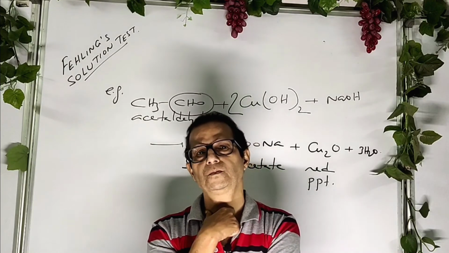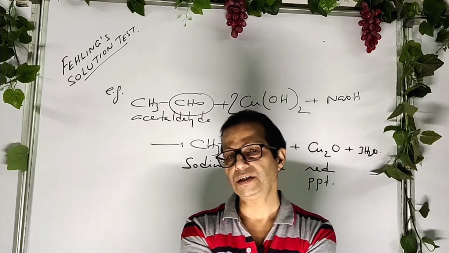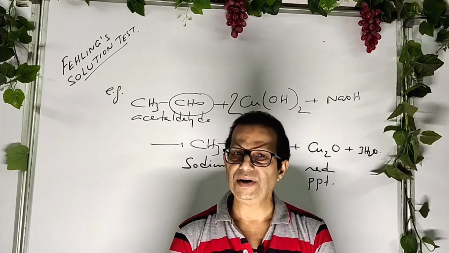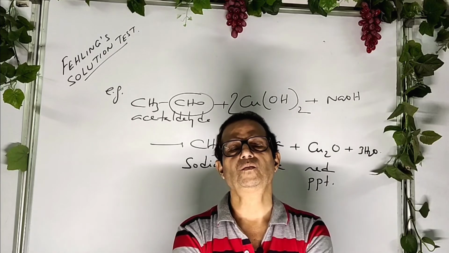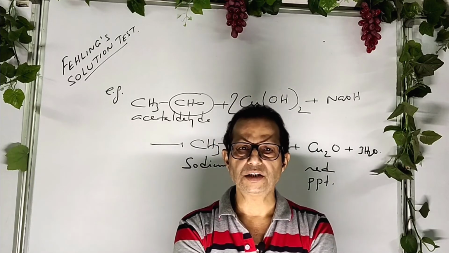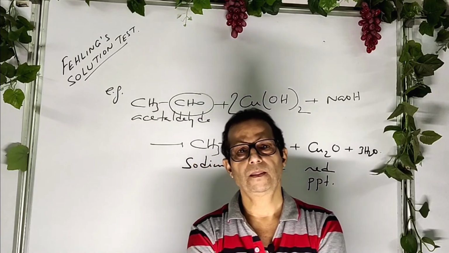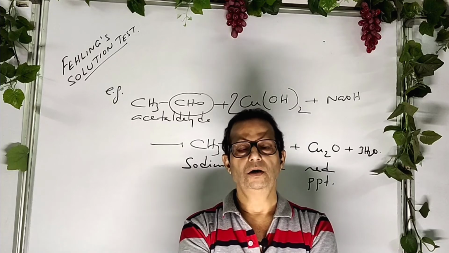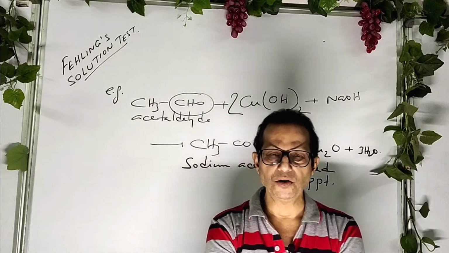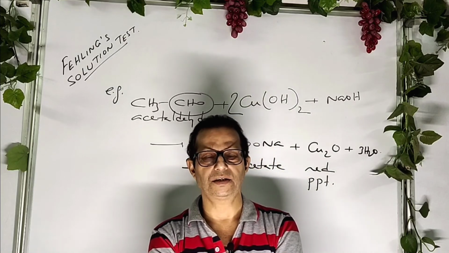Ketones, no. Fehling solution is weaker than Tollens reagent, so it oxidizes only aliphatic aldehydes, not benzaldehyde. Both glucose and fructose are oxidized by Tollens as well as Fehling. Among all the carboxylic acids, formic acid responds to both Tollens reagent test and Fehling solution test.